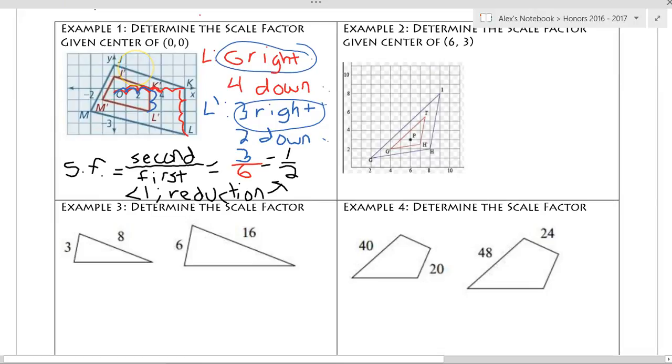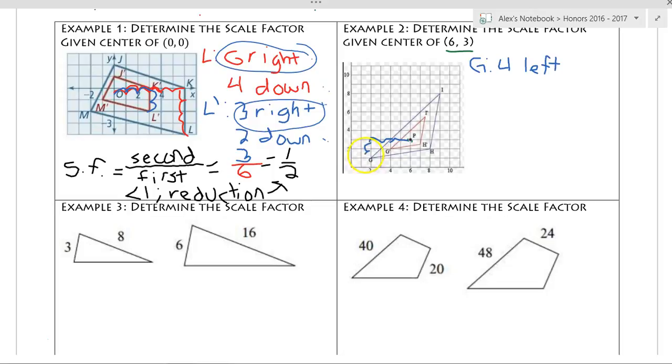Alright, let's look at our second one. Determine the scale factor given center of 6, 3. So I'm going to go, that point's there. There's my 6, 3. So I'm going to do the same thing. Choose any point and figure out where it is in relation to that center. So I'm going to choose G. So G is over 4. So that's 4 left.